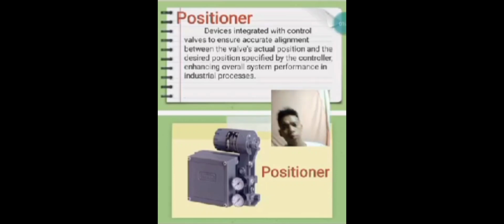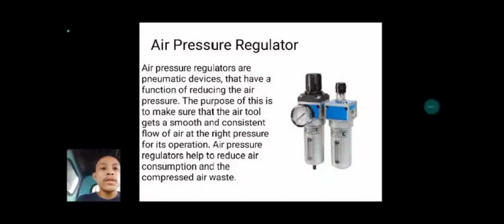In this animation, air pressure regulators are pneumatic devices that have the function of reducing air pressure. How do air pressure regulators work? A pressure regulator reduces the supply air pressure to a lower outlet pressure and maintains it despite fluctuations in the inlet pressure.